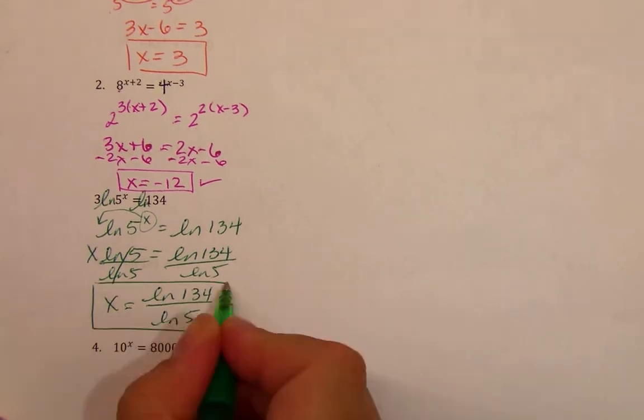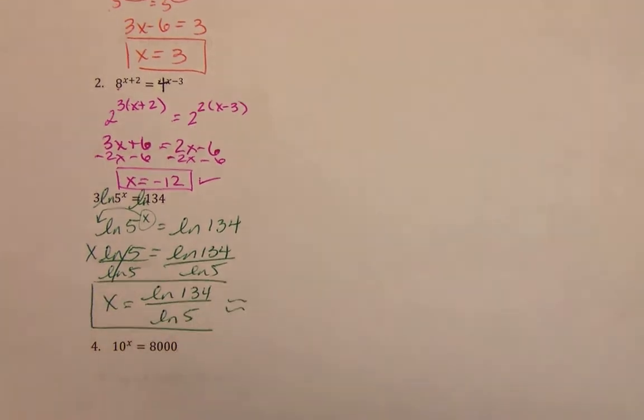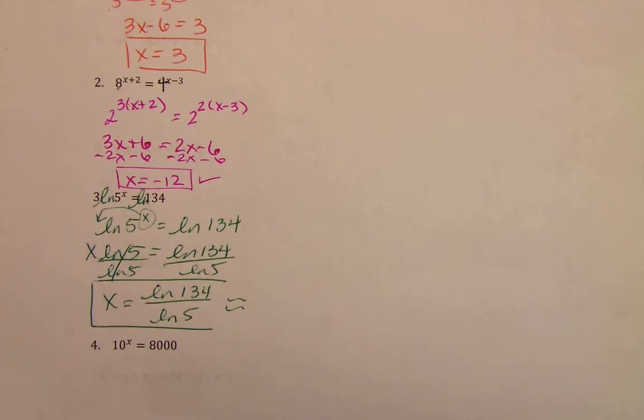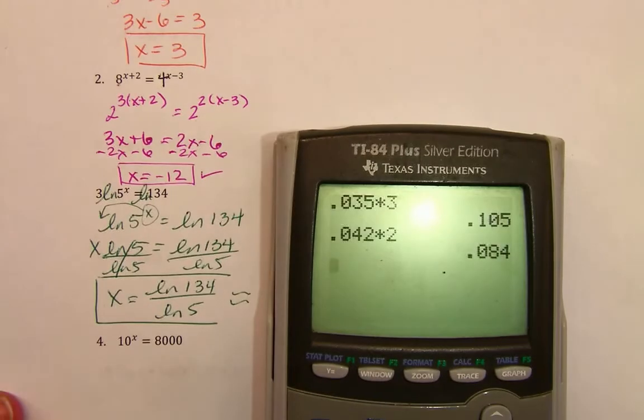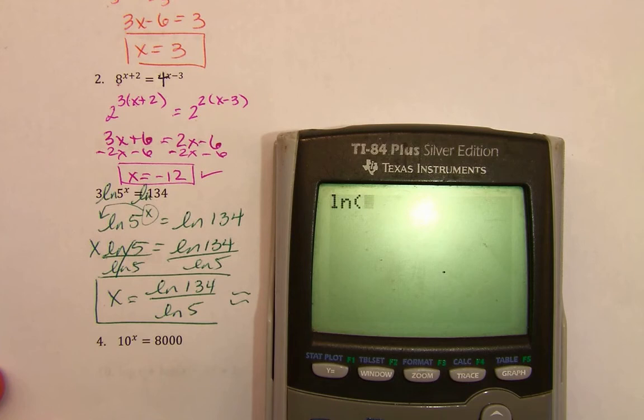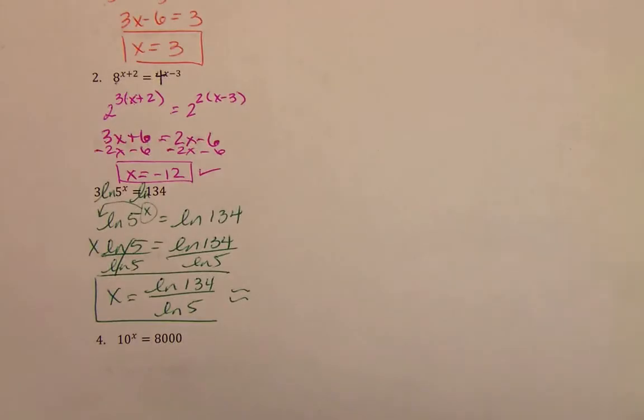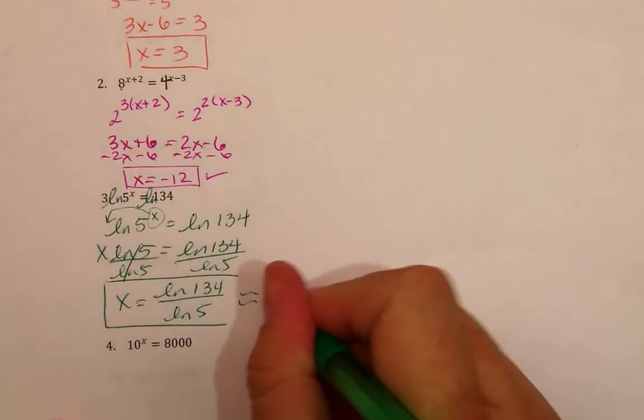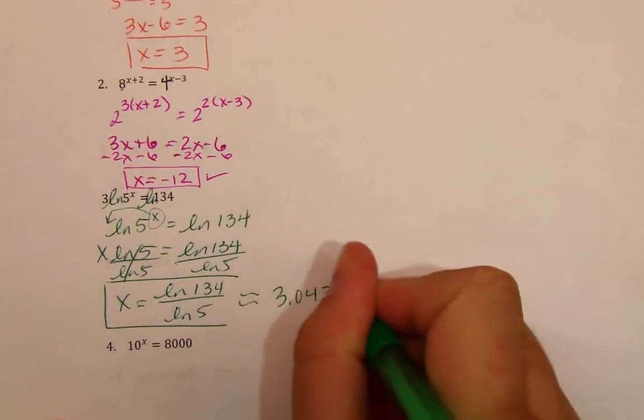That is our exact answer, but we want to plug that in our calculator and get a rounded answer. So we have natural log of 134 divided by natural log of 5. And we get 3.0431. We'll round to 4 decimal places. So 3.0432.